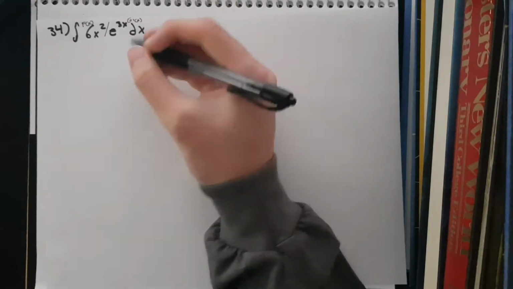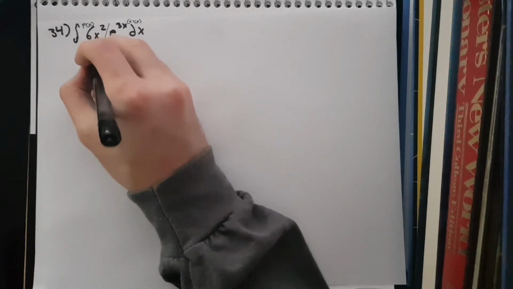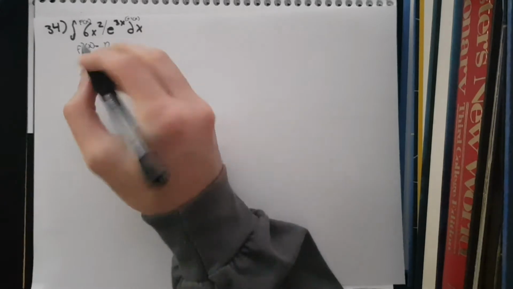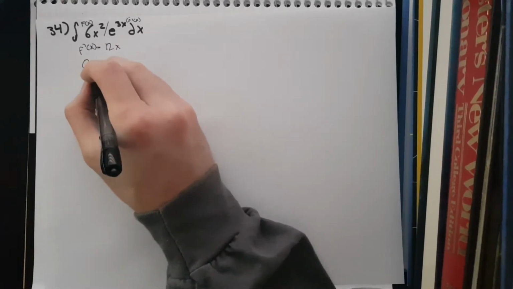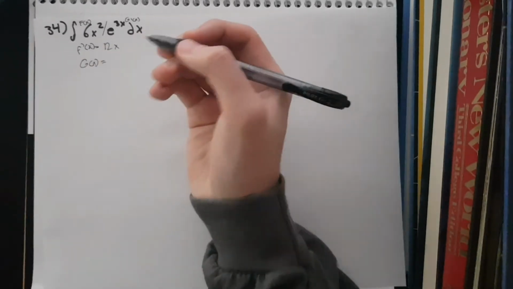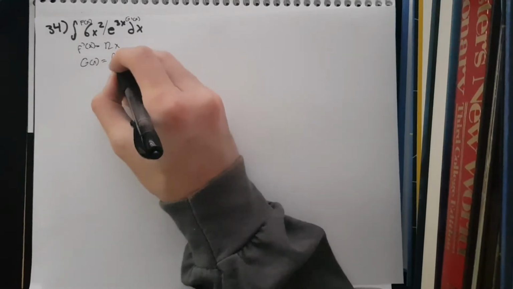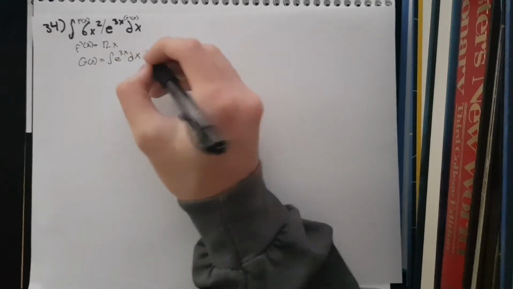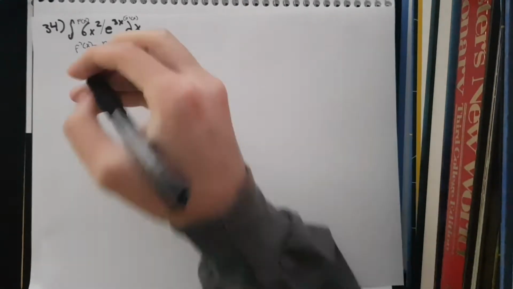Now let's find f prime of x, which would be 12x. And then let's find g of x, which would equal the integral of e to the 3x. We could just do a quick u substitution to solve this.